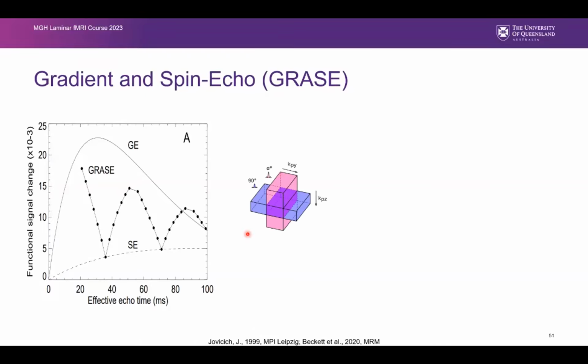As in a spin echo, you have your 180-degree pulses, so you are limited to a relatively small field of view that you have to select, which can be good if you're only interested in one area, and that might make it easier in some parts. But if you're maybe interested in two areas a little bit apart, or if you want to even do whole brain, then obviously this is quite limiting.